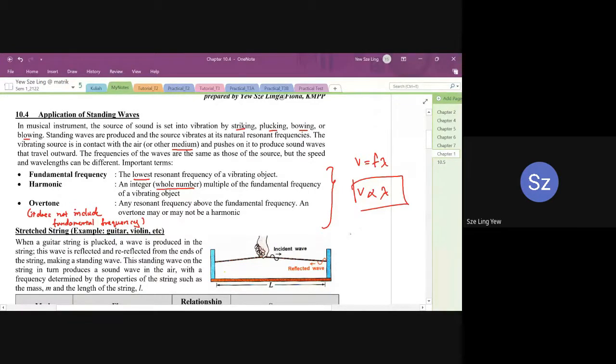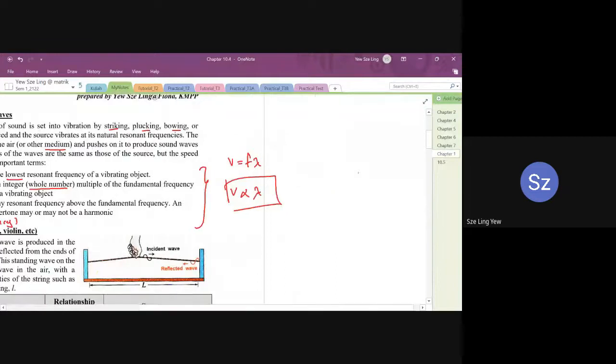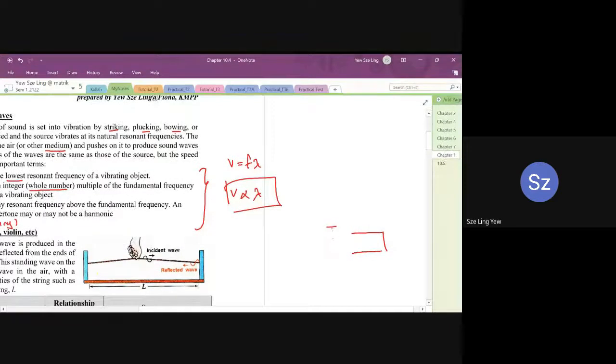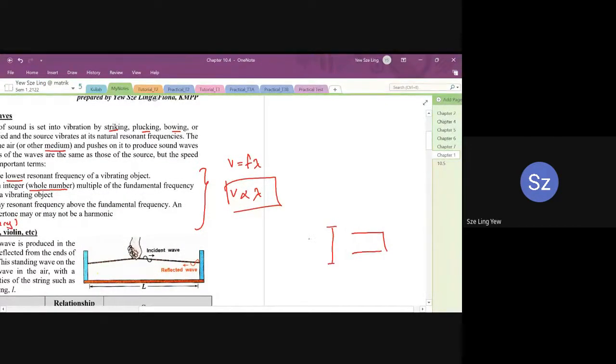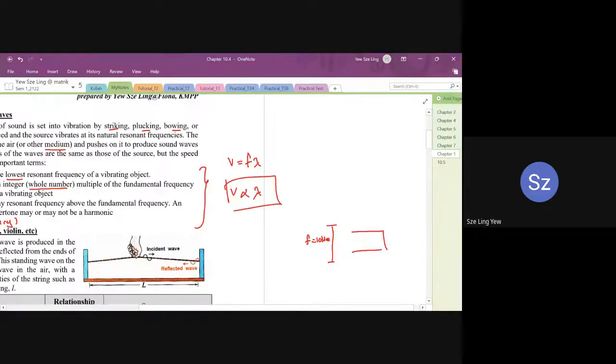Sometimes you have two different objects together. For example, if you generate a source and you have a tube, you're looking at a different medium. Actually, we say v and wavelength are affected by the medium. Let's say I plug a string and generate a frequency of 10 hertz of sound.